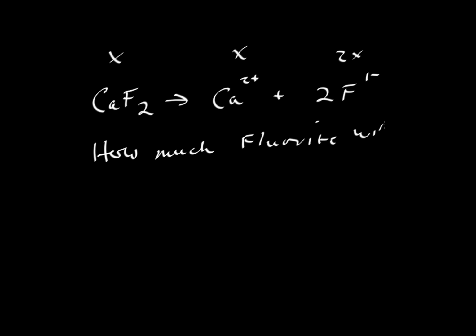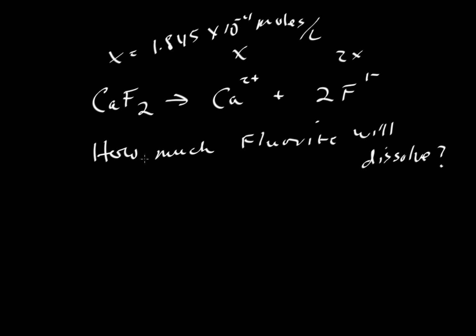So if we want to know how much fluorite will dissolve in our system where we have pure water, we can calculate this as a function of the weight of fluorite that will dissolve by making this calculation. Again, we take the value of x, which is still 1.845 times 10 to the minus 4 moles per liter, and we'll apply that to the fluorite.